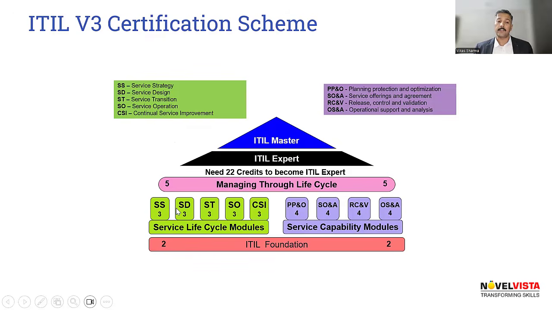That's service strategy, service design, service transition, service operation, continual service improvement. And they used to score 3 credit points for each certification. That makes it 15. There are 5 certifications, 3 each. That makes it 15 plus 2 from the foundation. They have 17 credit points, and that makes them eligible for MALC, Managing Across Lifecycle. And from there, they will score 5 credit points. That makes it 22, and they become ITIL expert.